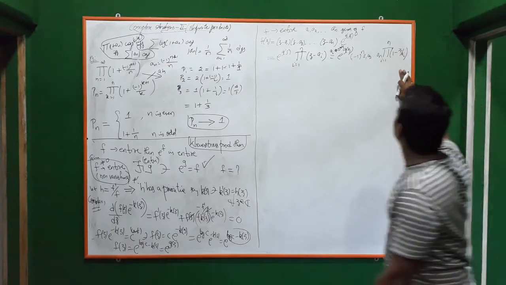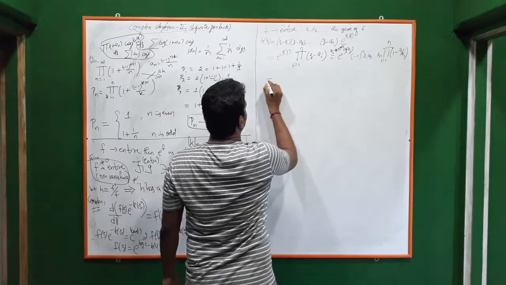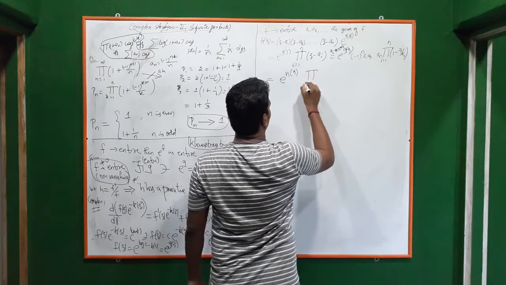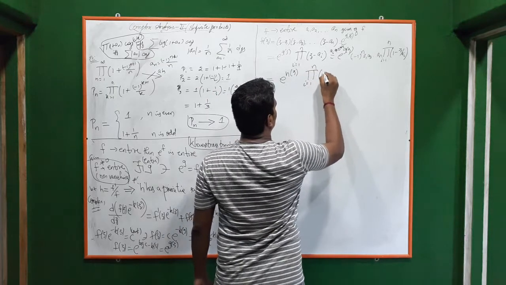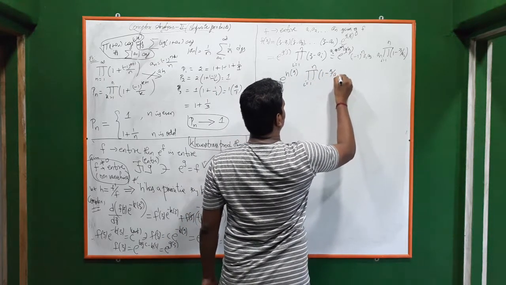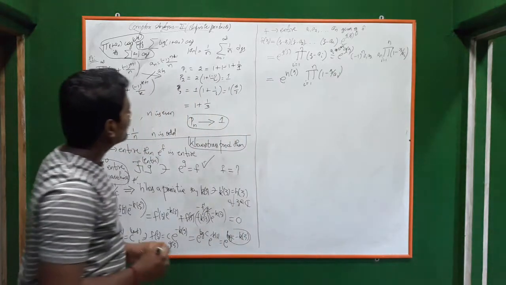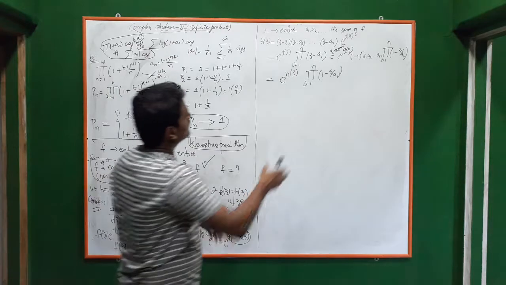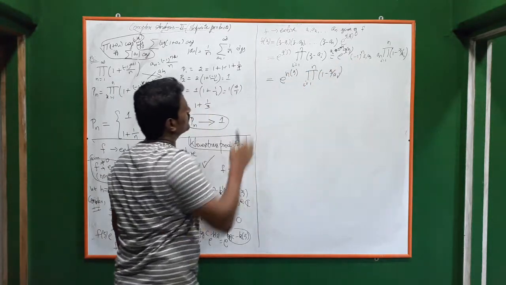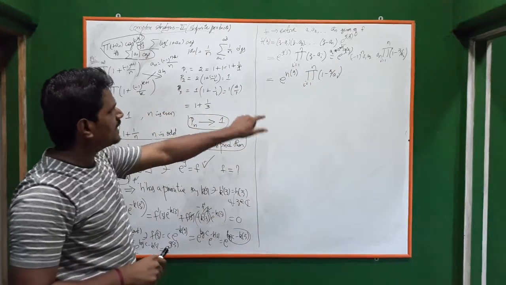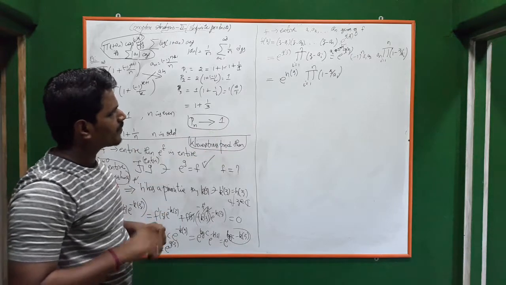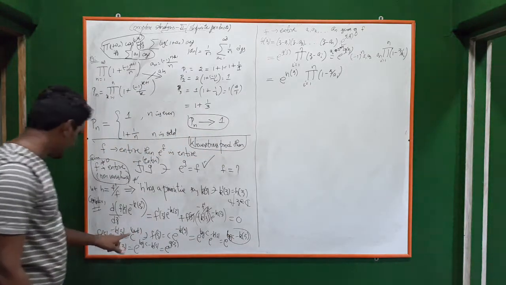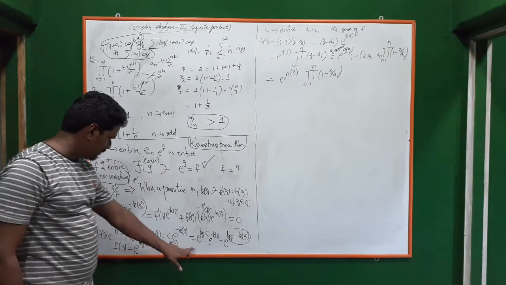Now we can write this as e power h of z into the product i from 1 to n of (1 minus z by ai). Should I write like this? Because e power h of z is nothing but this thing, because each of those ai can be written as e power log ai. Similarly, c we have written as e power log c.